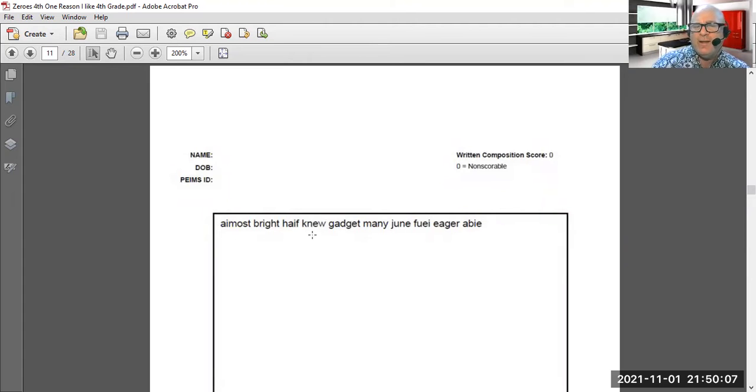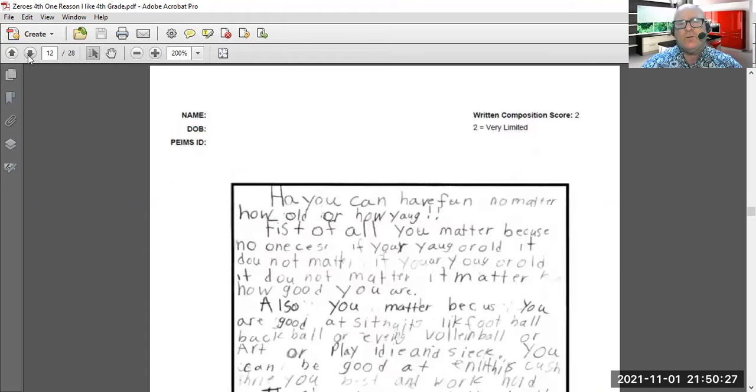So if you just have random words, that's going to be 0 for non-scorable. And this is not just going to apply for expository and persuasive. This is going to apply to short answer, extended, and essay responses for reading starting next year. So I highly suggest that you look through these if you're an elementary teacher.